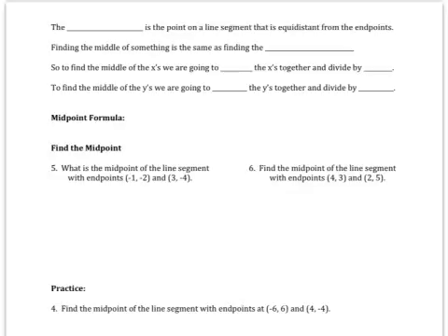This next slide is all about the midpoint formula. The midpoint is the point on a line segment that is equidistant from the endpoints. If I drew a picture of a line, here's an endpoint, here's an endpoint. The midpoint would be right in the middle. Finding the middle of something is the same as finding the average.